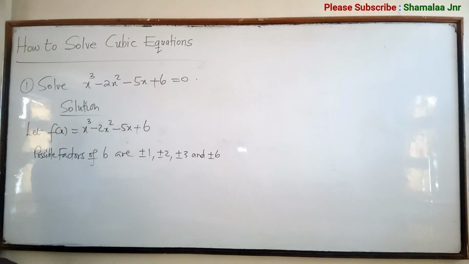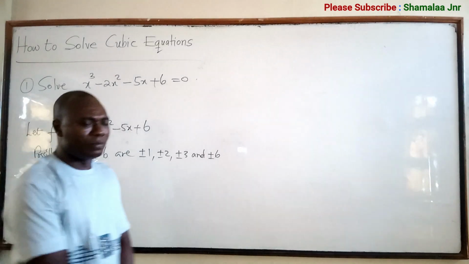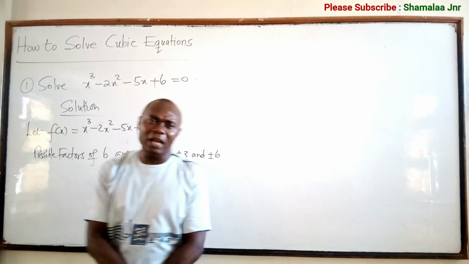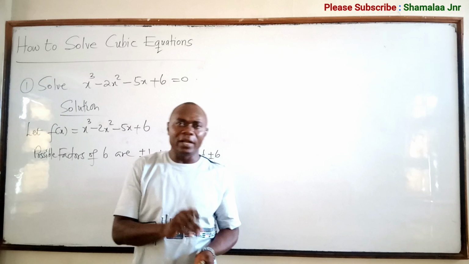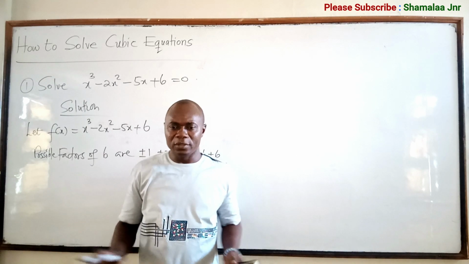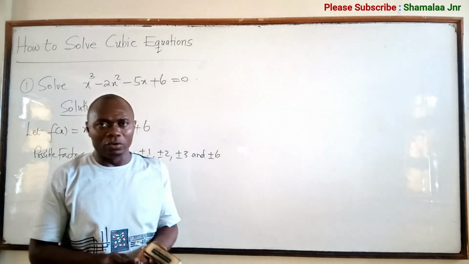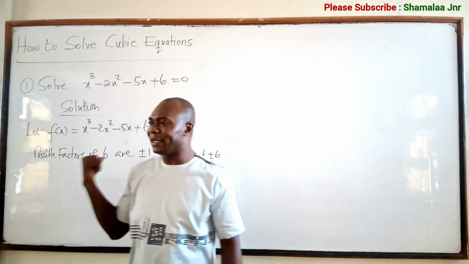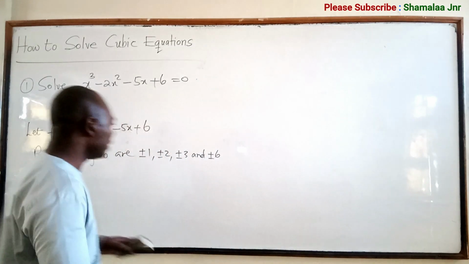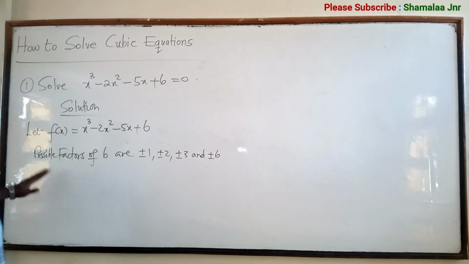Now having obtained these factors, then we are going to apply what we call the factor theorem. Viewers, I have a video on remainder and factor theorems. So those of you who have not watched that video, you can go and watch it to really understand what is meant by factor theorem. Okay. Now, this is how it works.